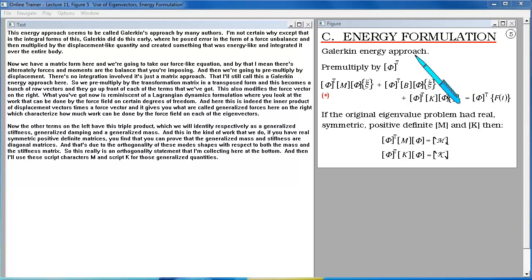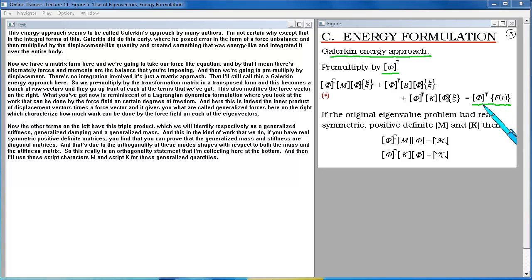So we pre-multiply by the transformation matrix in a transpose form, and this becomes a bunch of row vectors, and they go up front of each of the terms that we've got. This also modifies the force vector on the right. What you've got now is reminiscent of a Lagrangian dynamics formulation where you look at the work that can be done by the force field on certain degrees of freedom.